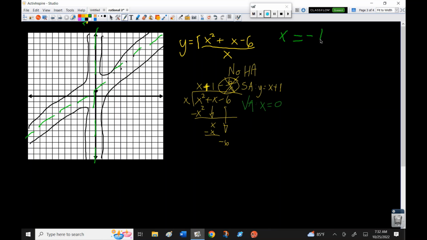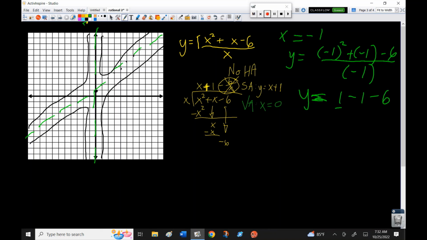So I'm going to get y equals (-1) squared plus (-1) minus 6, and all that's going to be over (-1). I like to put the -1s in parentheses because weird things happen when you don't. So y is going to be 1 minus 1 minus 6 over -1.